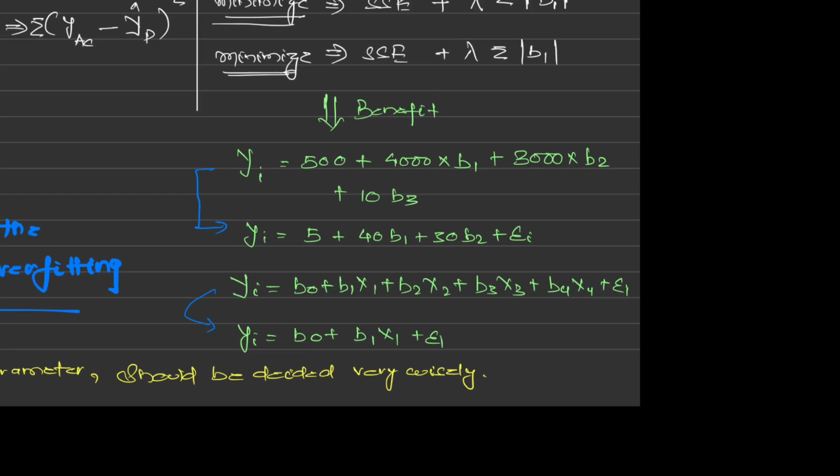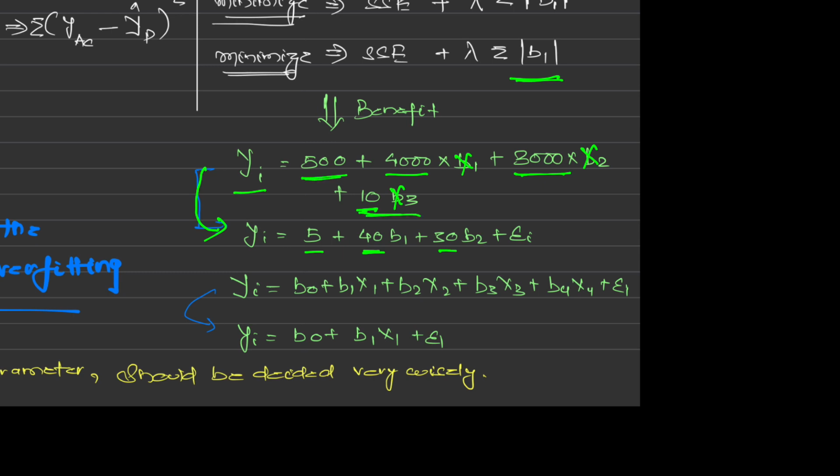So for example, your earlier model is say yi is equal to 500 plus 4000 x1 plus 3000 x2 plus 10 x3. Because of this minimization of the sum of the coefficients, your coefficients will fall to, say, 5, 40, 30, and it may drop one of the coefficients, which is x3.